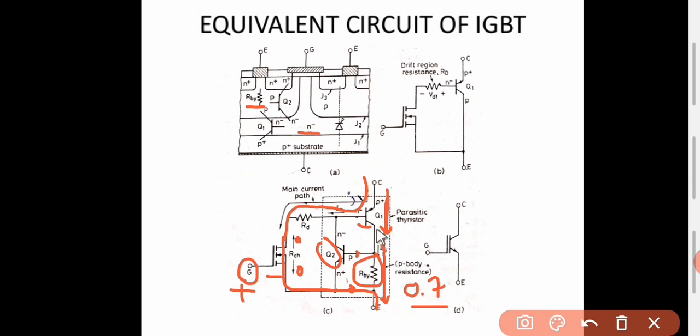Now current will start from collector through Q2 to emitter. So when positive gate is applied, in this manner the device is turned on.